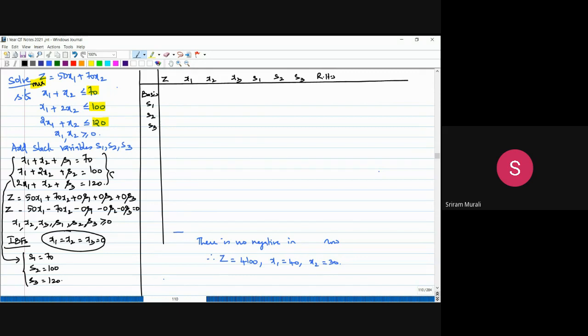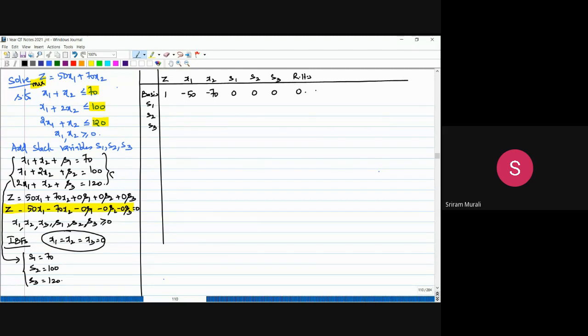Now you have to incorporate these coefficients. What is the coefficient of Z? It is 1. Then X1 is minus 50, minus 70. X3 is not found in my problem. So this is with respect to S1, S2, S3. S1 is 0, S2 is 0, S3 is 0. Right hand side is 0.